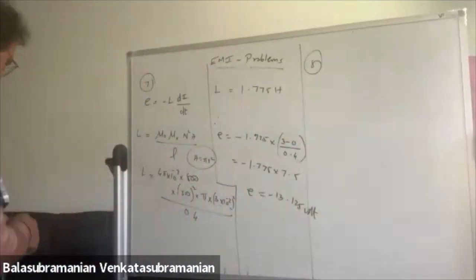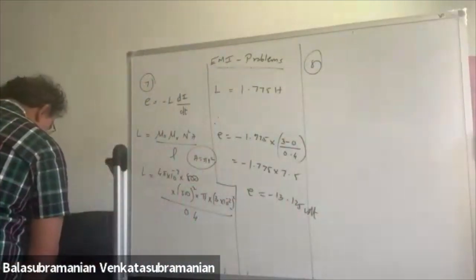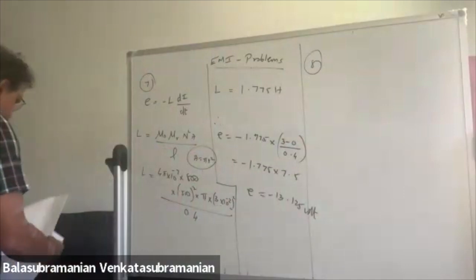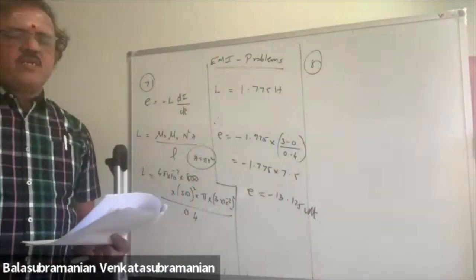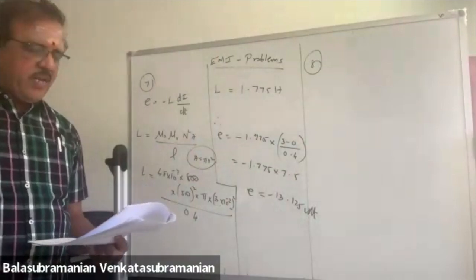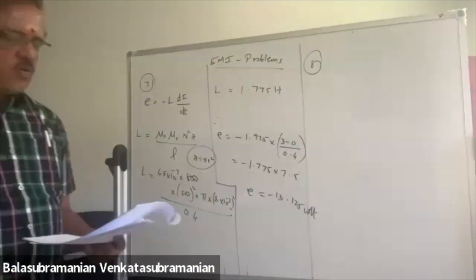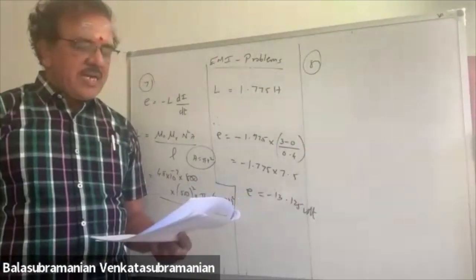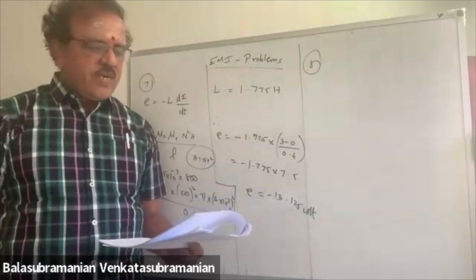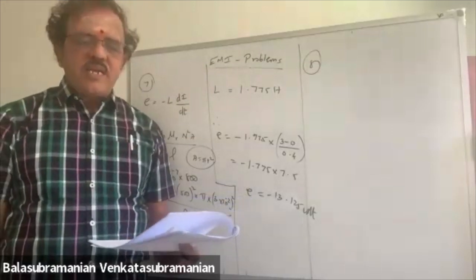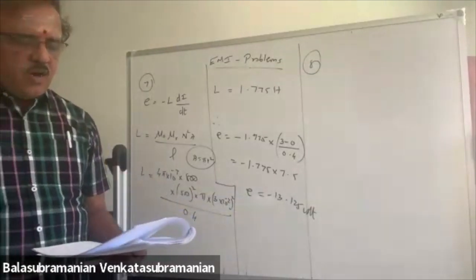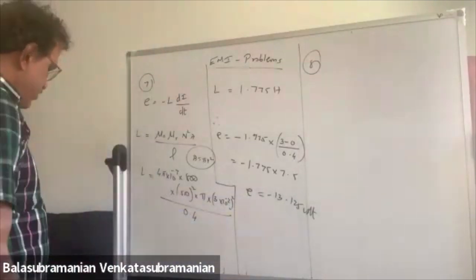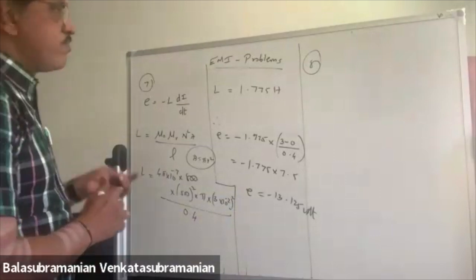Eighth problem. The self-inductance of an air core solenoid is 4.8 millihenry. If its core is replaced by an iron core, then its self-inductance is 1.8 Henry. Find the relative permeability of iron. Simple. First we'll write the formula.